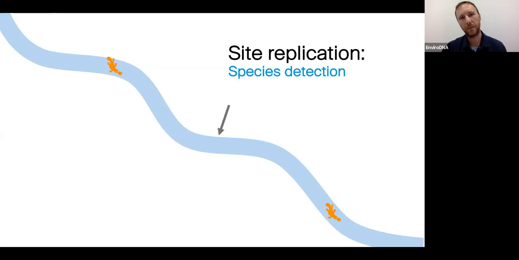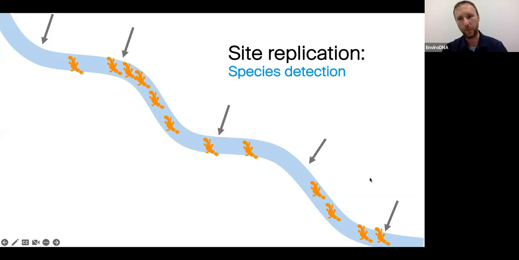But then when we think about different species abundance, this scenario is a fairly low abundance population. If we have a high abundance population, your chance of detecting them is much greater. My single point is most likely going to pick up platypuses, and if we look at multiple points, most of them are going to pick them up in a high abundance area.